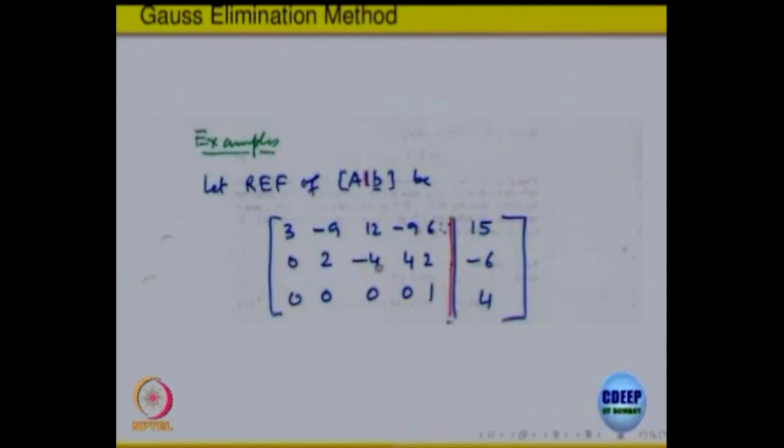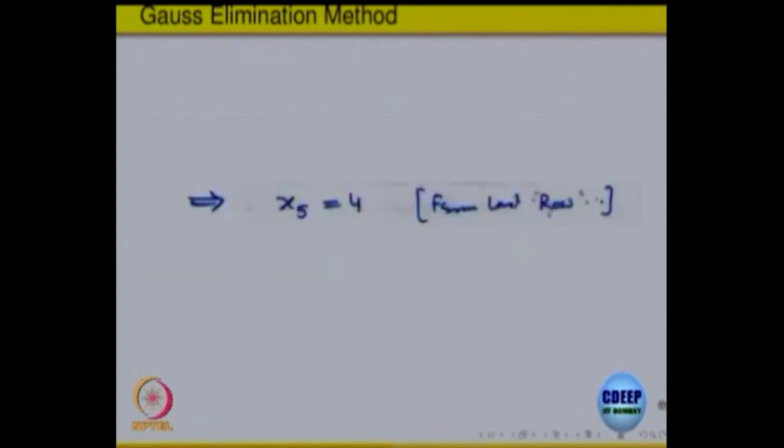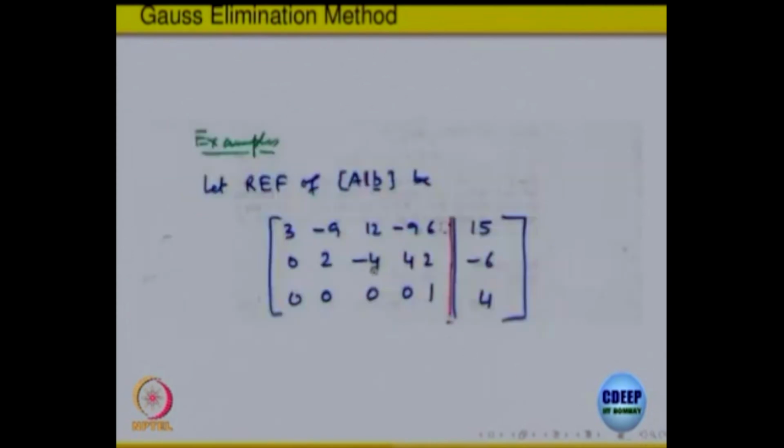We gave arbitrary values to x3 and we gave arbitrary value to x4, x5 was already determined. So, your general solution will be determined by giving arbitrary values to x2 and x4, and these two variables can get infinite number of values.